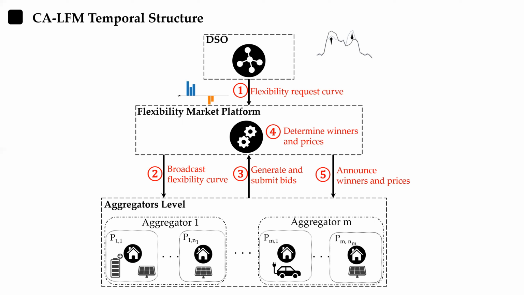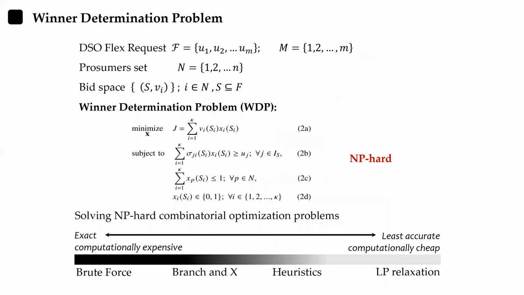Then the market platform solves the winner determination problem and announces the winners. The most challenging bit in combinatorial auctions is solving the winner determination problem.